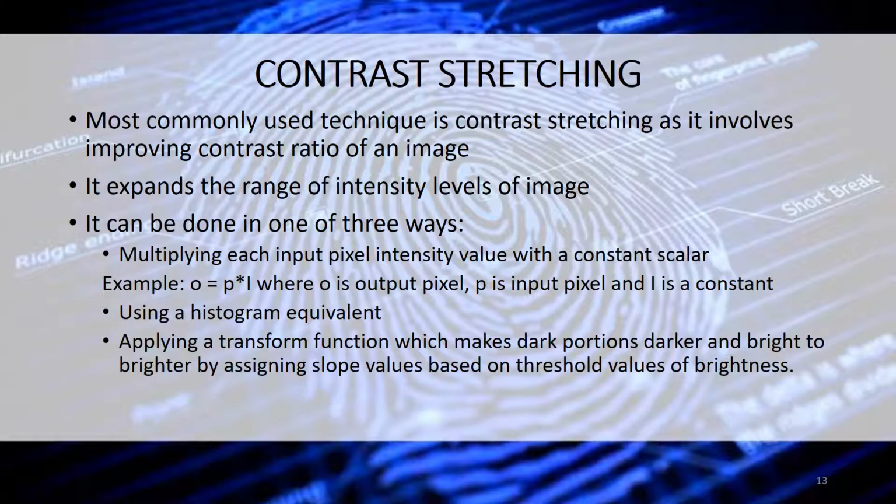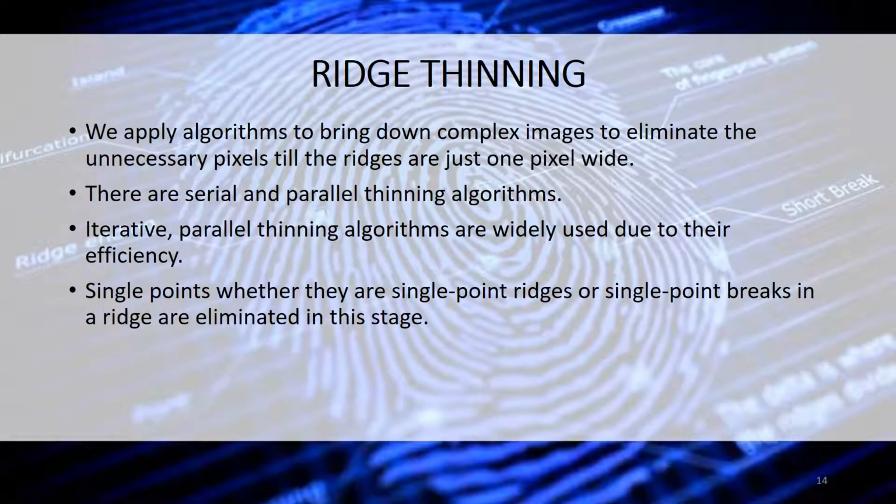We can also use a histogram equalization of the image to improve contrast. And the third technique would be to apply a transform function which makes the darker portions darker and bright portions brighter by assigning slope values based on threshold values of brightness.